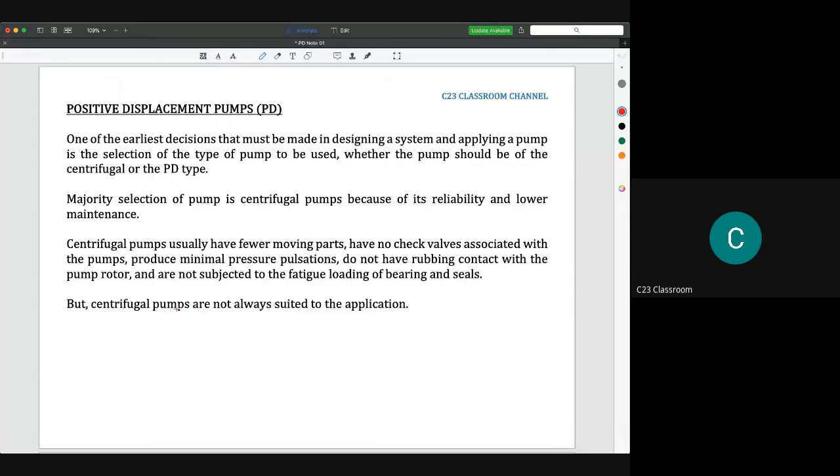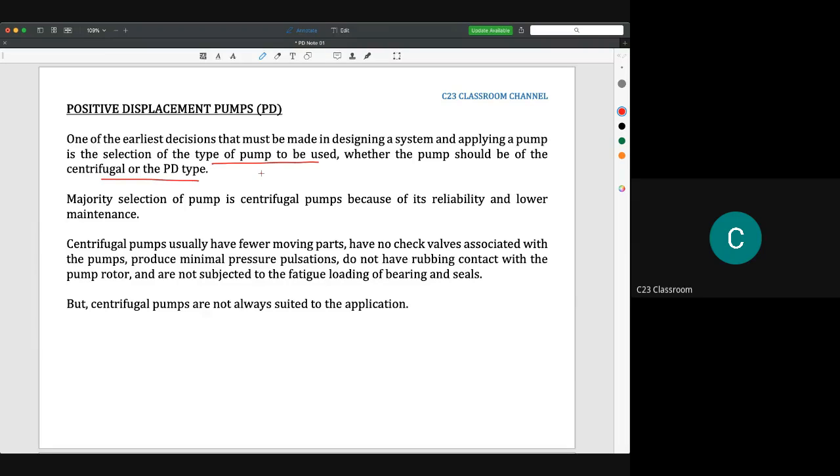Okay, so now we are focusing on the positive displacement pump. So one of the earliest decisions that must be made in designing a system and applying a pump is the selection of the type of pump to be used, whether the pump should be of the centrifugal or the positive displacement type.